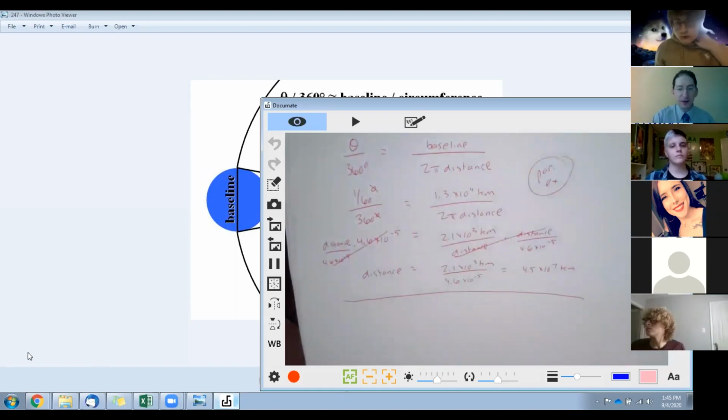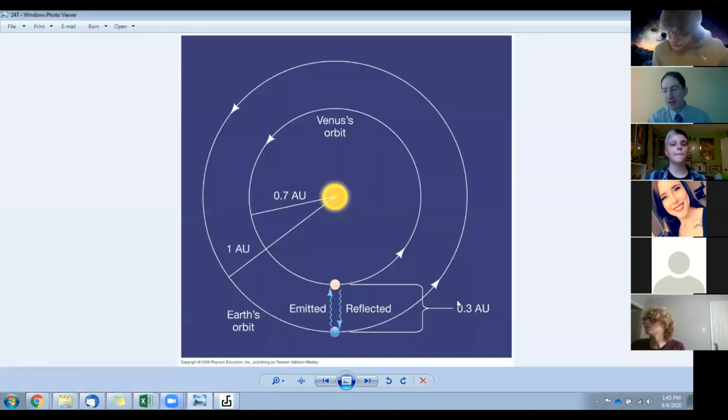And remember from this plot here, I've rounded a number of things off, and you're going to be doing a precise calculation in a few homeworks, so I'll let you do it to more decimal places. But the distance away is about 0.3 AU. So 0.3 AU is equal to 4.5 times 10 to the 7 kilometers.